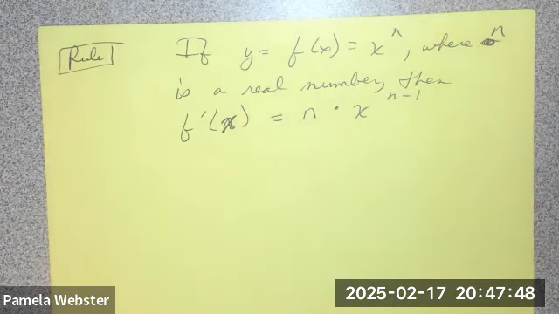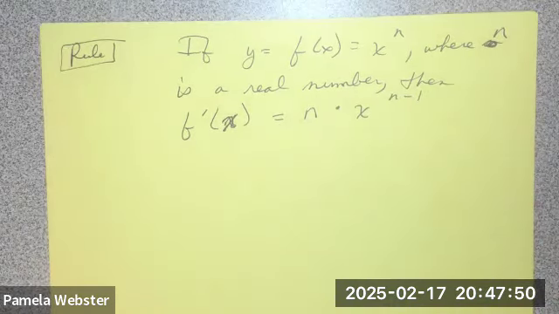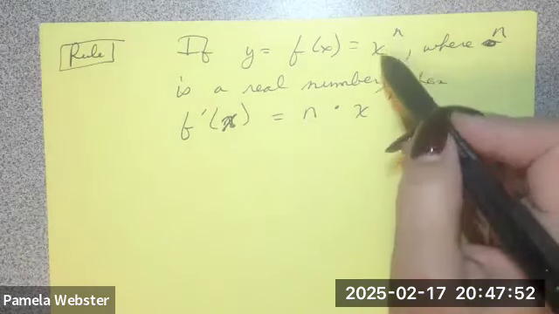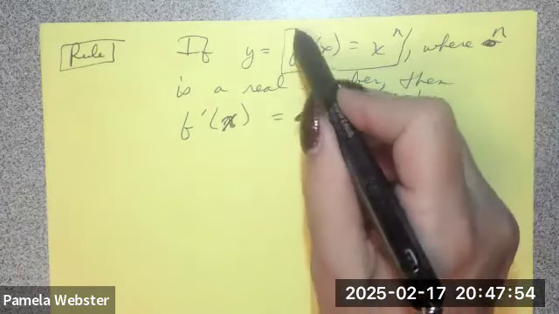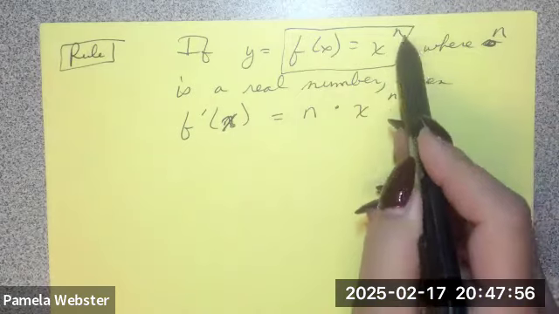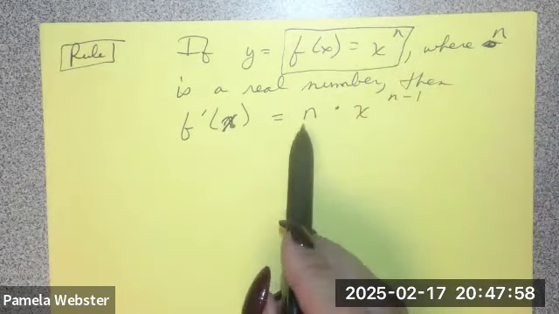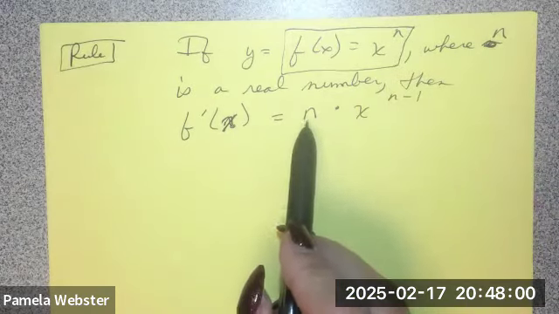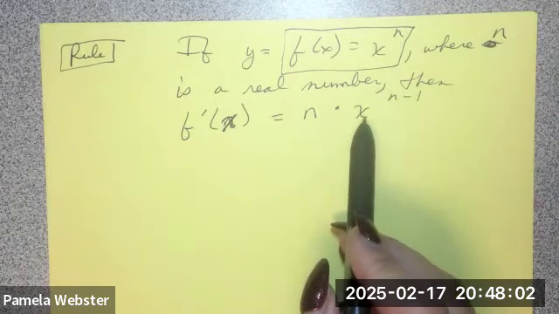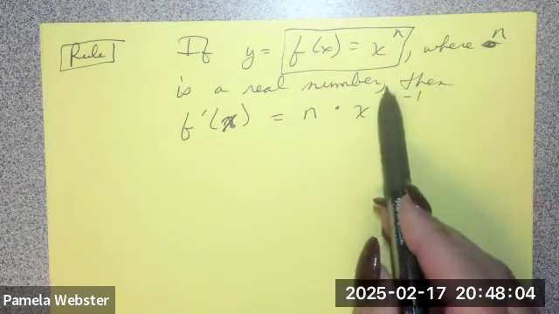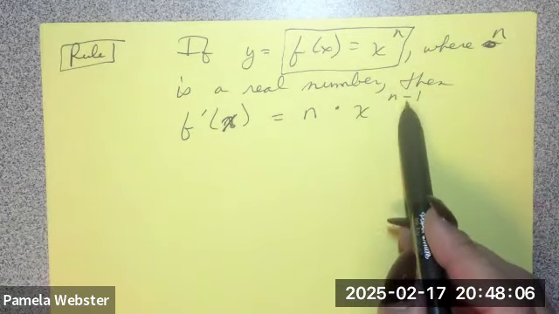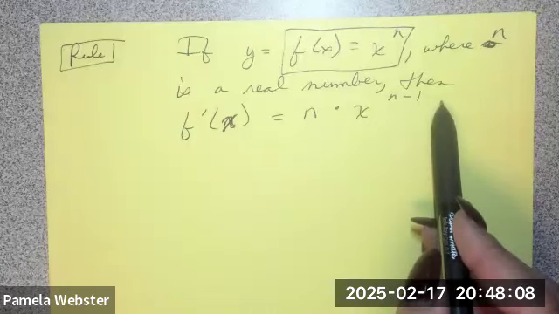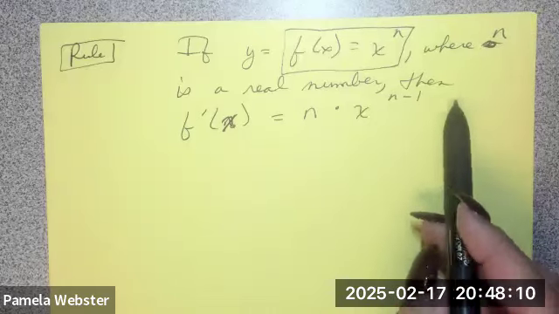Okay. So what the heck are you telling me? We started out with x to some power. What we do is we take that exponent, we write it down in front, we multiply that times the variable, and on the exponent, instead of writing n up there, we write n minus 1. Okay, that's what we do.